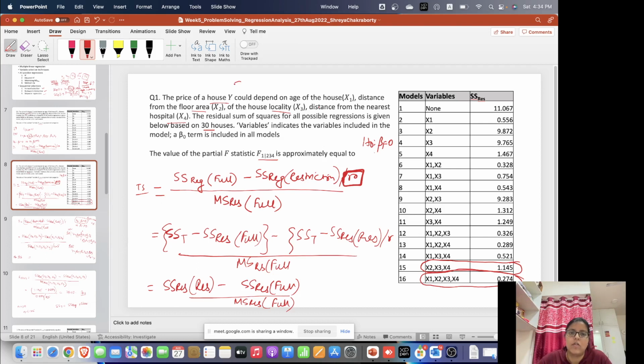I am writing it as SS total minus SS residuals from the full model, and again this one I will write as SS total minus SS residual from the restricted model. So this SST and this SST will cancel out. This minus and minus will become plus. So in front comes SS residuals due to the restricted model, minus SS residual of the full model.